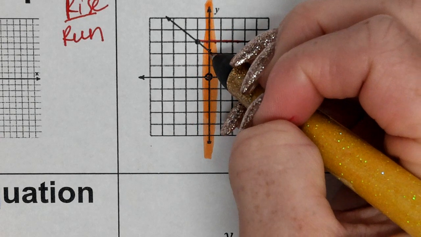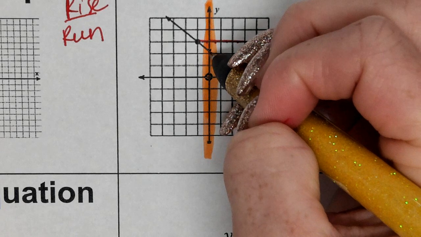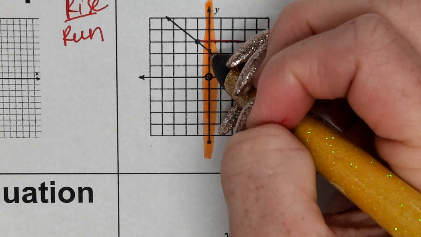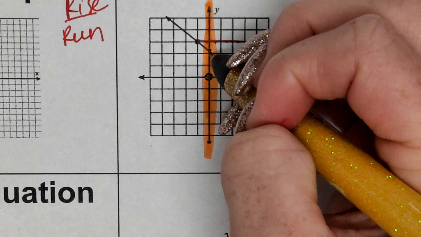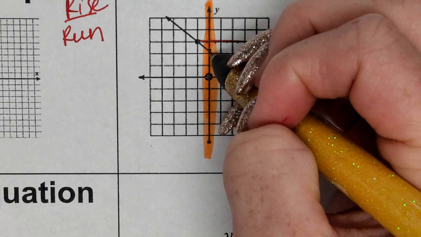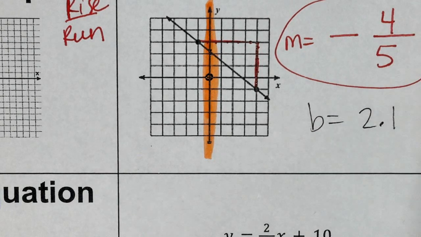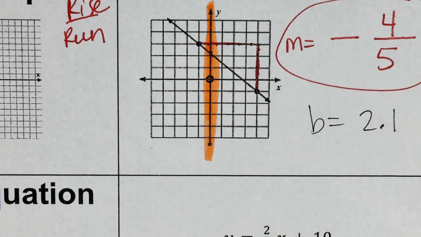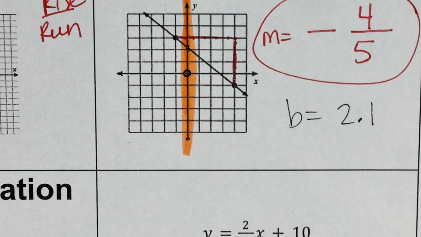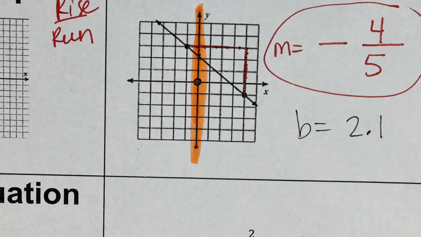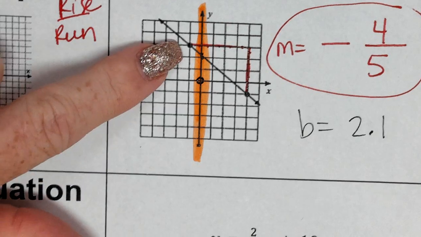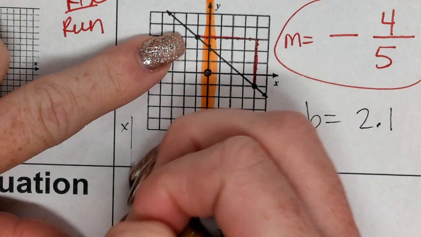So 1, 2, it's obviously right above 2. Everybody hear me? So if y'all had to guess, what would you guess? 2.1 maybe. That is a guess though. If I wanted an accurate y-intercept, I would have to use stat, and to do that, I would have to make a little table.